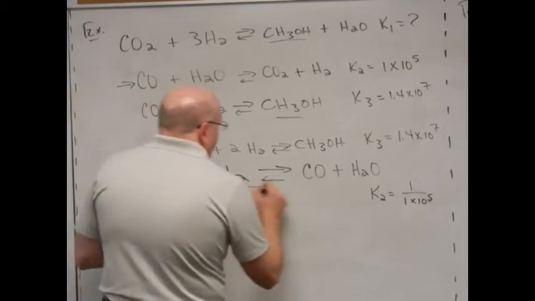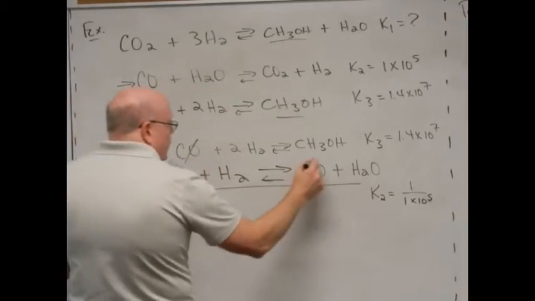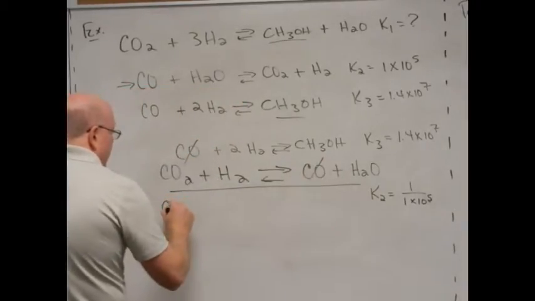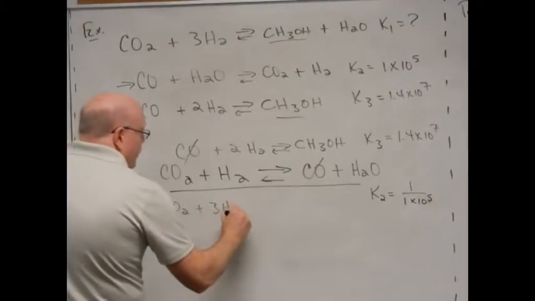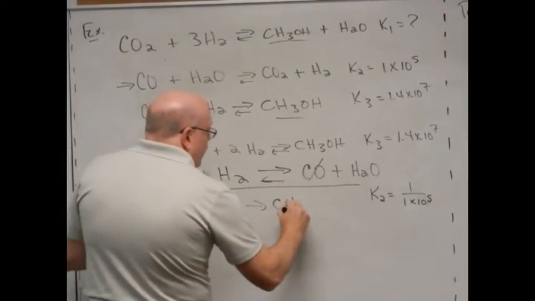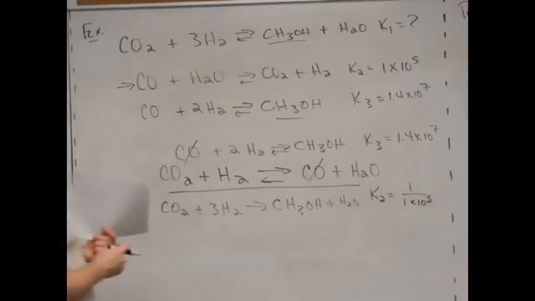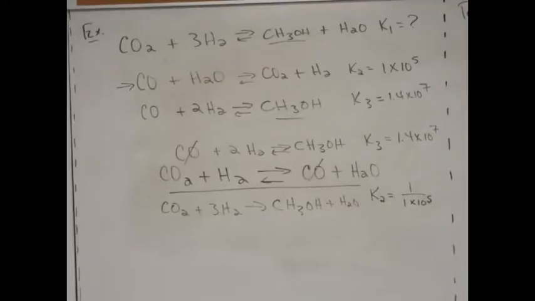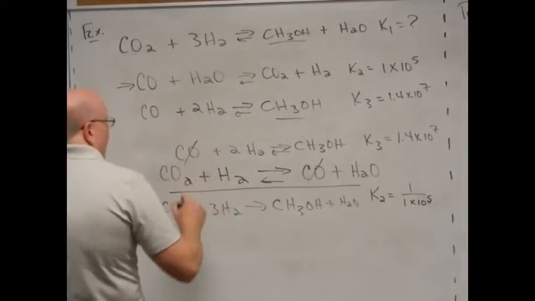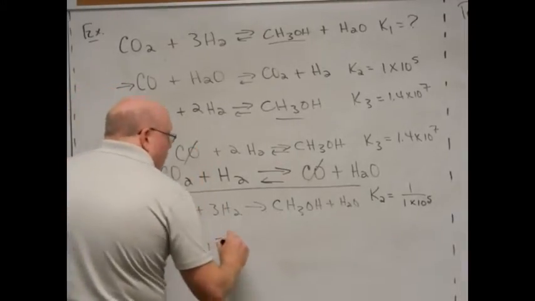I add these two reactions together. CO's cancel out. CO2 plus 3H2 gives CH3OH and water, which is what we wanted. Now, because we took two reactions and added them together, the rule says that I take the two equilibrium constants and multiply them.